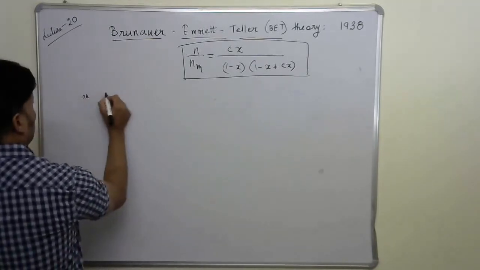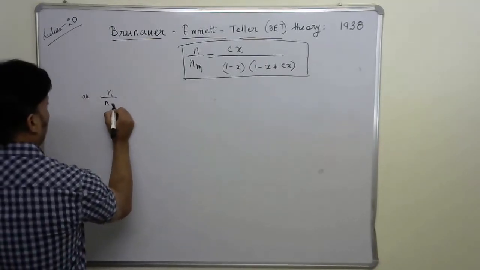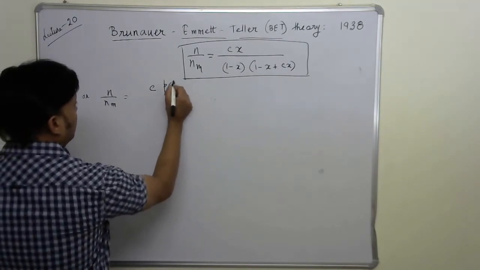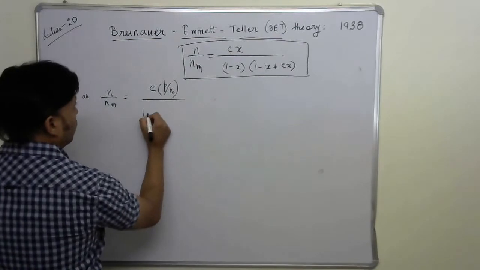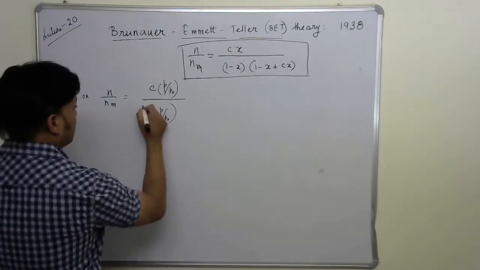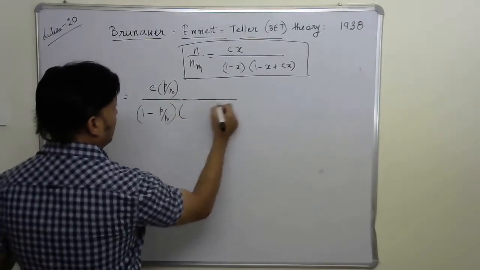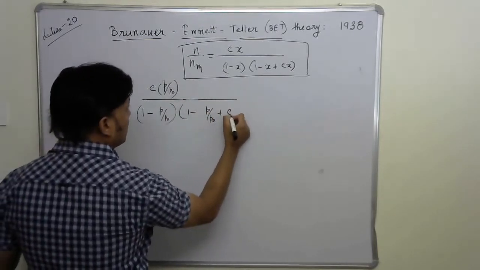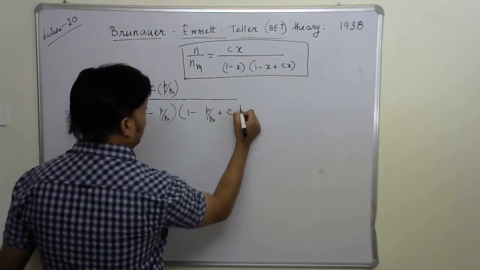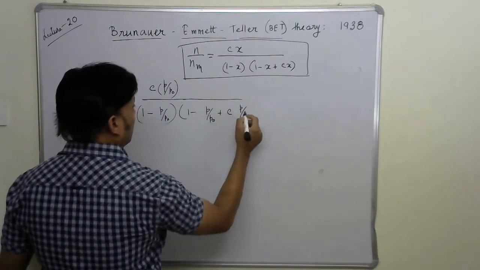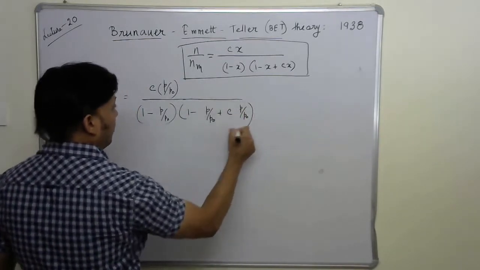We can write N over Nm is equal to C multiplied by P over P naught, divided by the bracket of 1 minus P over P naught, multiplied by the bracket of 1 minus P over P naught plus C multiplied by P over P naught, and the bracket ends.